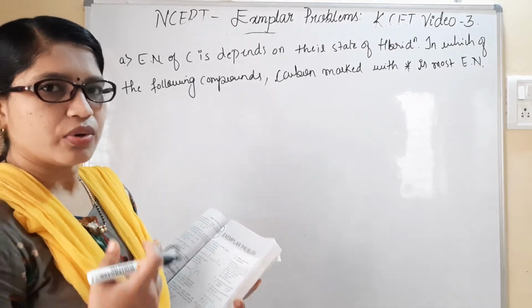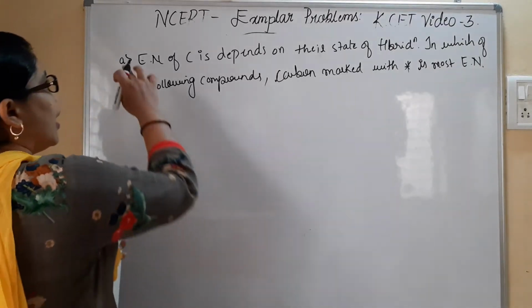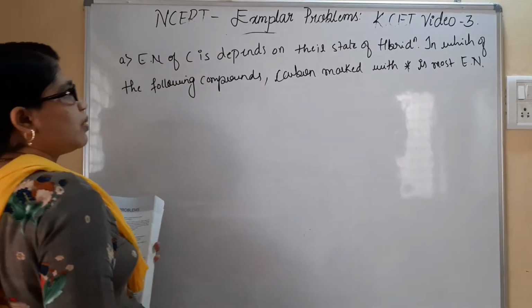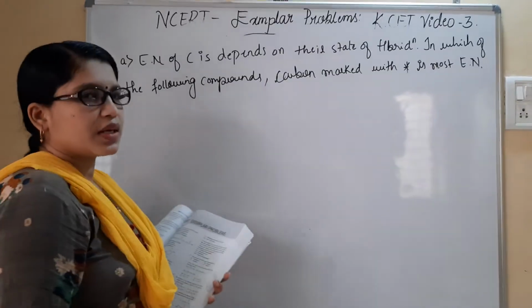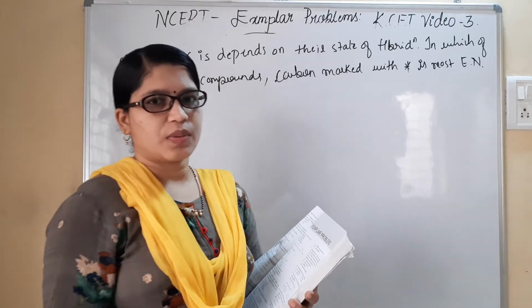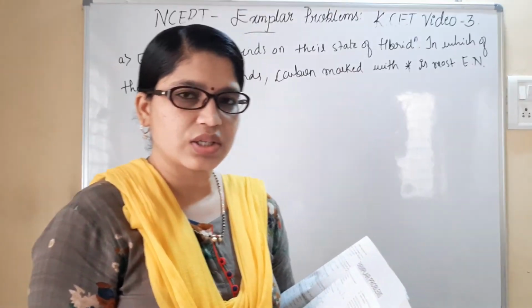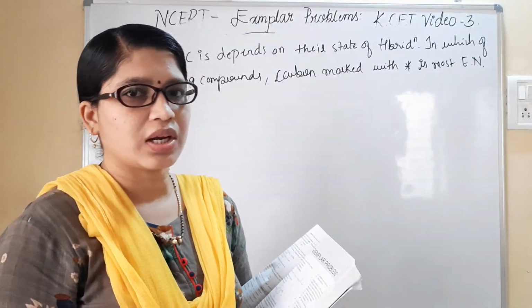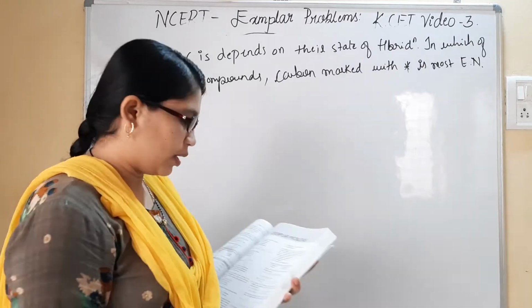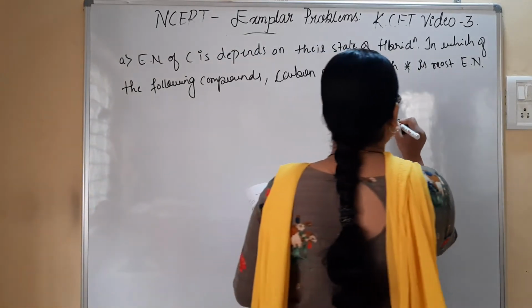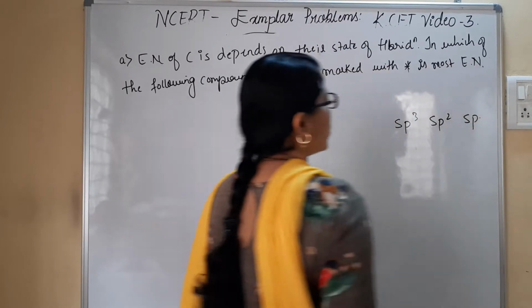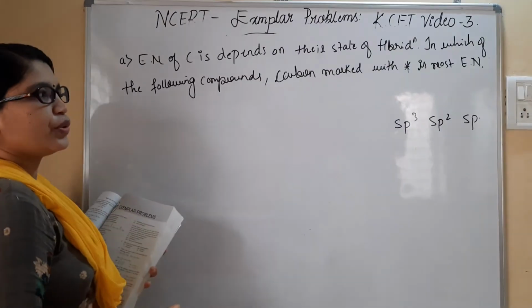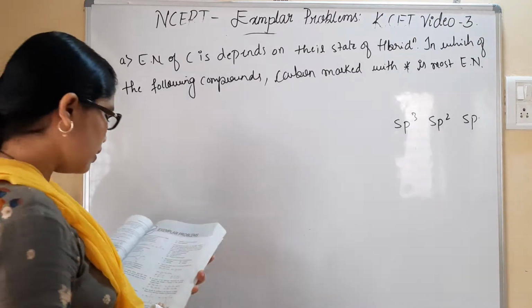Electronegativity of carbon depends mainly on the state of hybridization. We have studied sp3, sp2 and sp hybridization. In the sp we have a triple bond, in sp2 a double bond, and in sp3 a single bond.